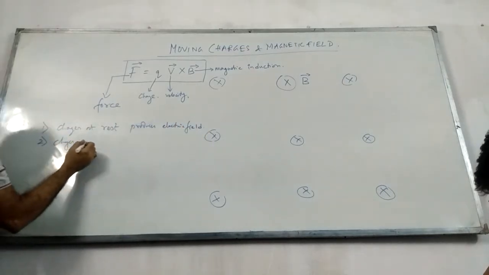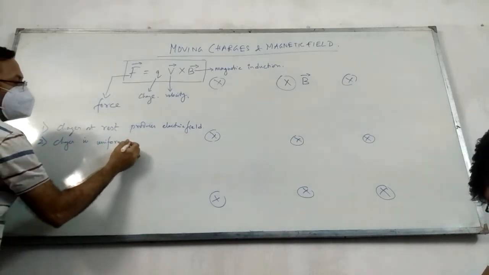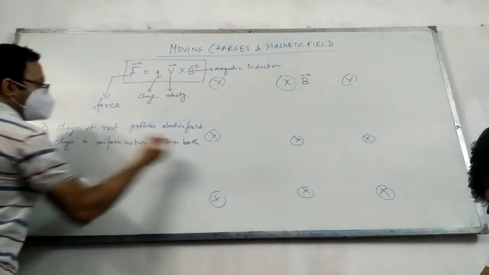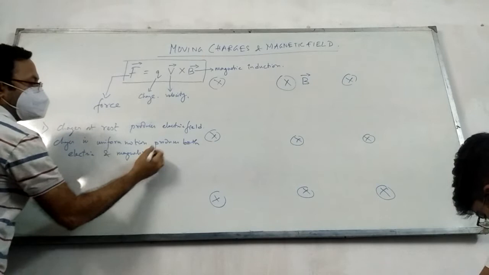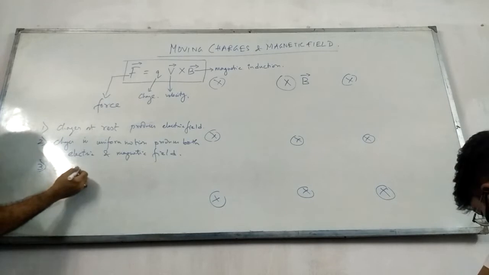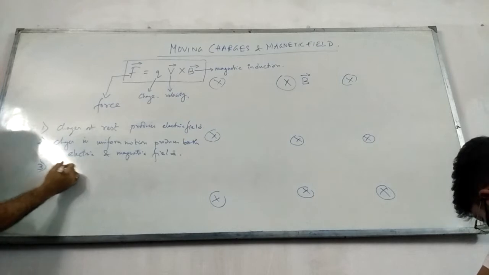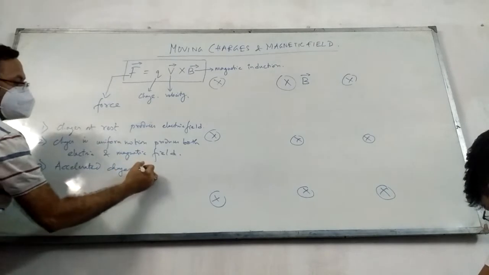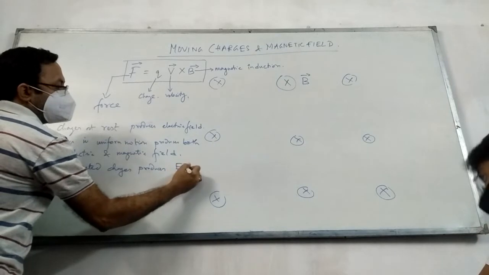Charges in uniform motion produce both electric and magnetic fields. Three, accelerated charges produce EM waves.